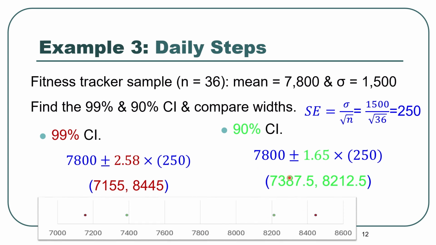Here the green dots are the beginning and the end of my 90% confidence interval, while the red is representing the 99% confidence interval to estimate the mean of the daily steps, and the green one is to estimate the same parameter but with only a 90% confidence level. So this example shows exactly how the confidence level affects the width of the interval.